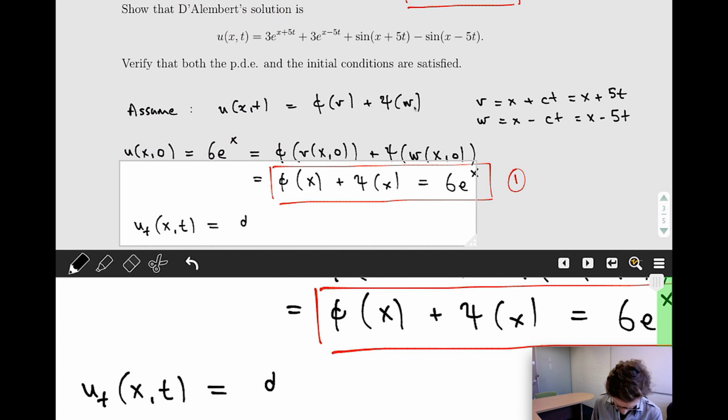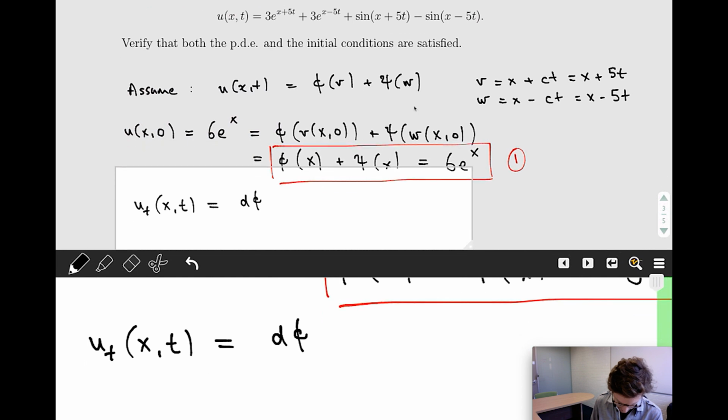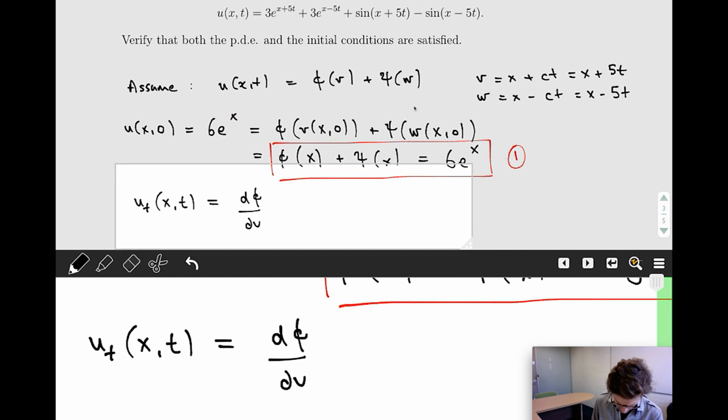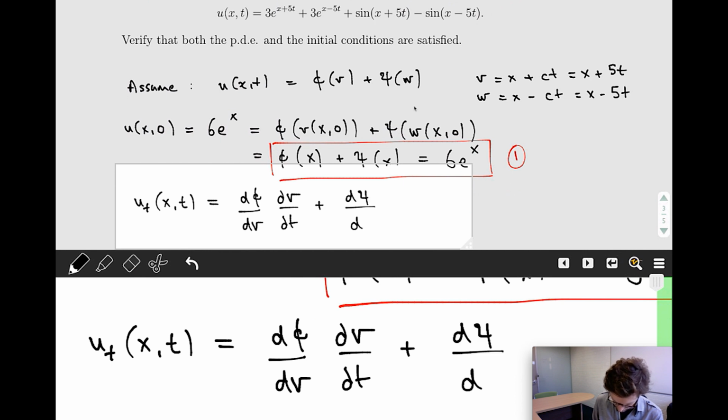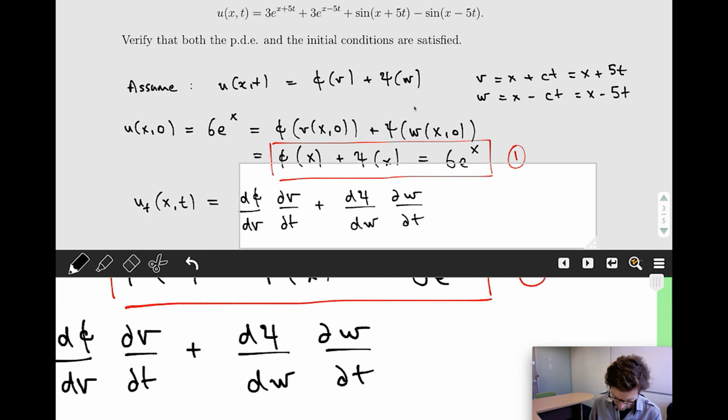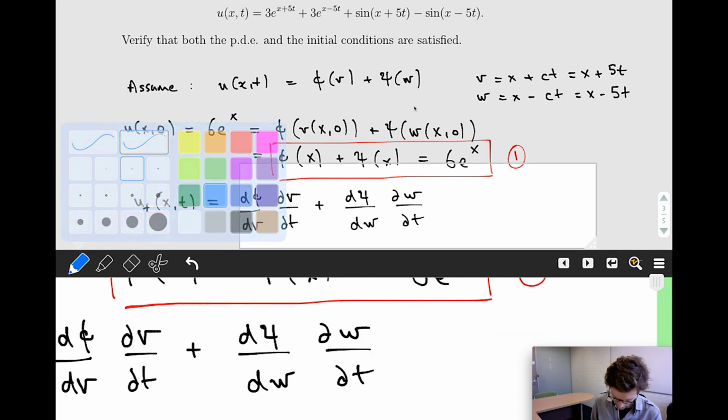It's going to be the derivative of phi with respect to v times the partial derivative of v with respect to t, and the derivative of psi with respect to t is going to be the derivative of psi with respect to w times the partial derivative of w with respect to t. So here I just used the chain rule.